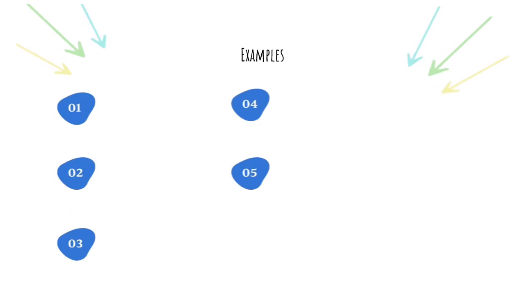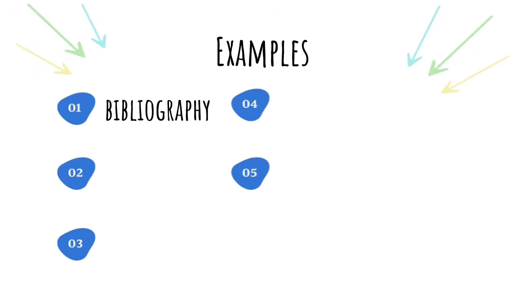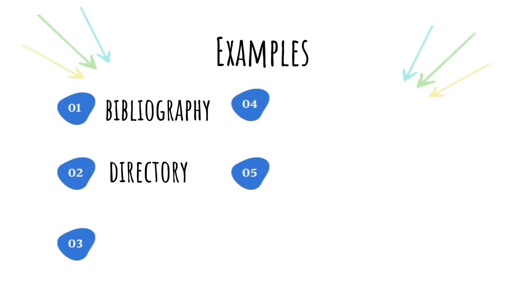Some examples of tertiary sources of information are bibliography, or a list of books and articles that have been used by someone when writing a particular book or article. Directory, or a book listing individuals or organizations alphabetically or thematically with details such as names, addresses, and telephone numbers.